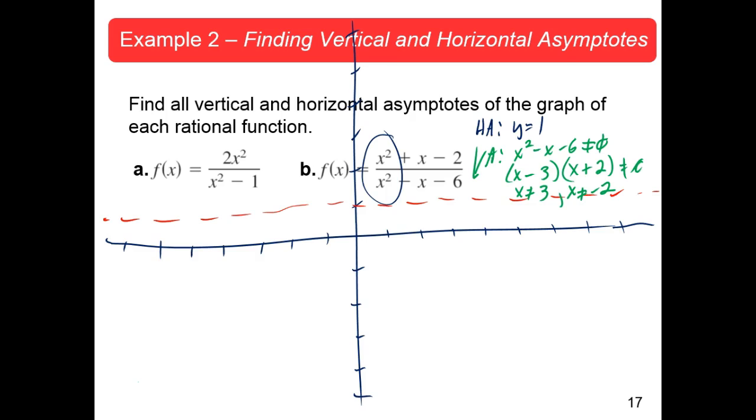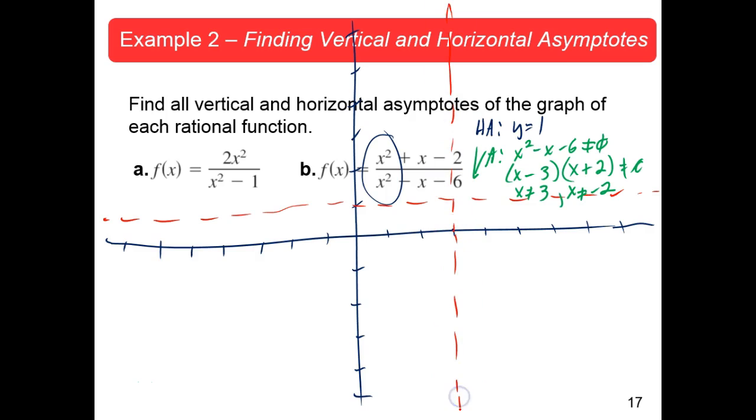All right. We're on page 170, example 2B. This is chapter 2, section 2.6. Okay? And we just determined our vertical asymptotes. Okay? Well, x cannot equal 3. There that is.